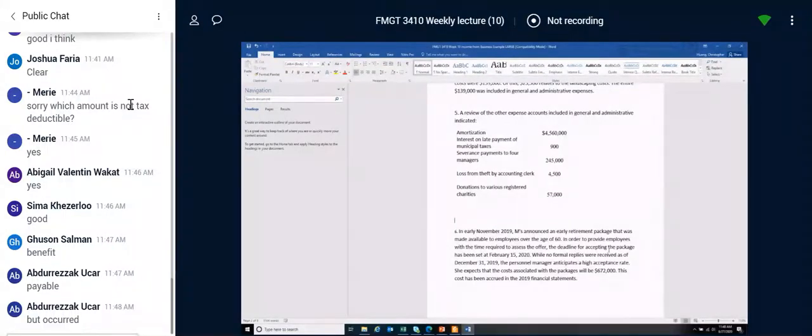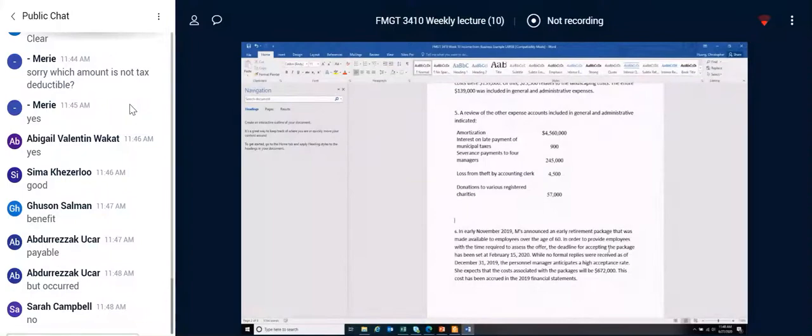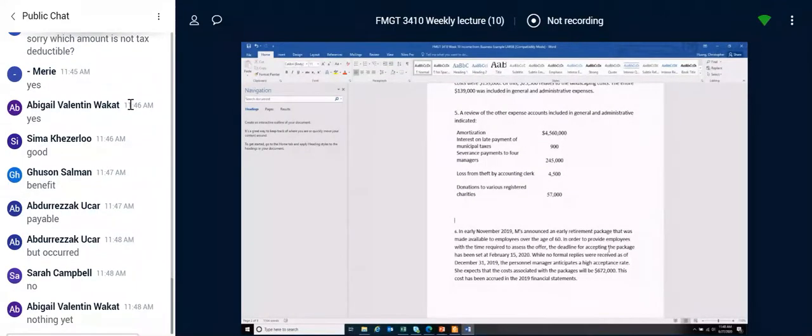What's the problem? Do you have any employees that have accepted the package? If they haven't accepted the package, do you have a formal obligation to pay the 672? I would argue the answer is no, you don't.